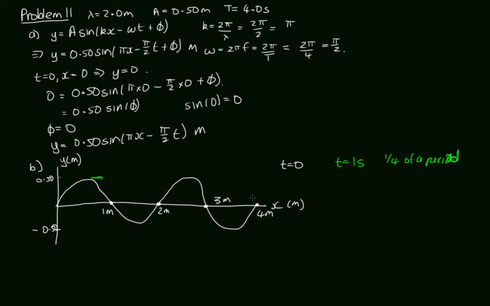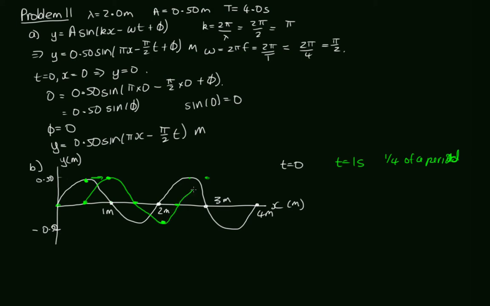Okay, so in a period, the wave travels 1 wavelength. In a quarter of a period, the wave travels 1/4 of a wavelength. So this point moves on to here, this point moves on to here, this point moves on to here, this point moves on to here, and this point moves on to here.